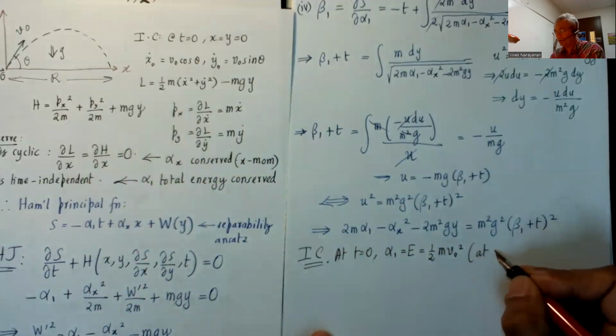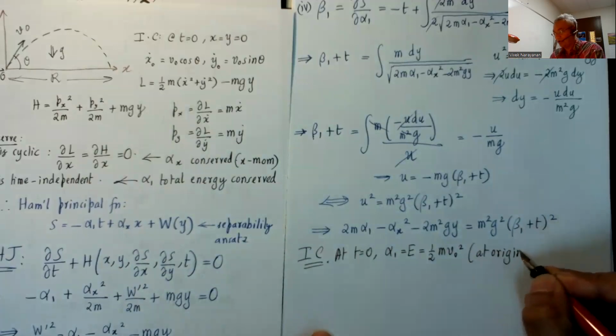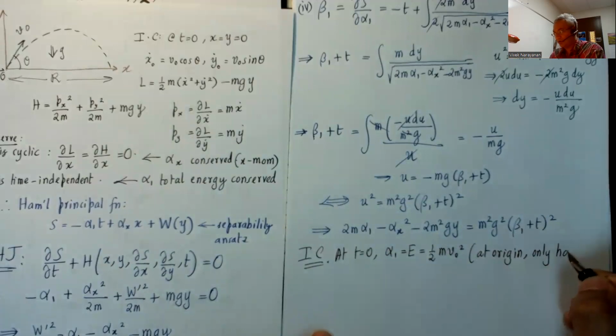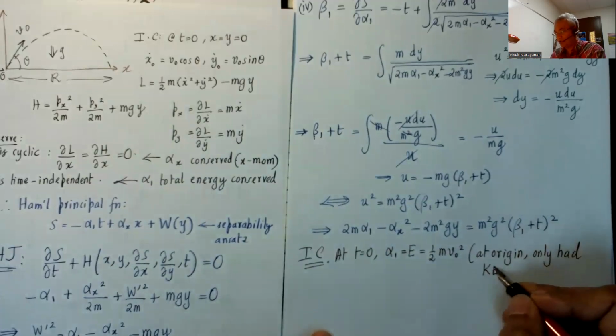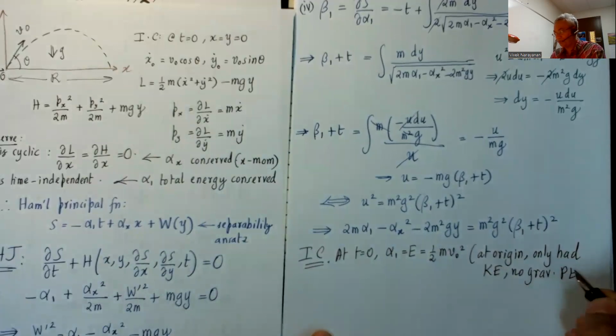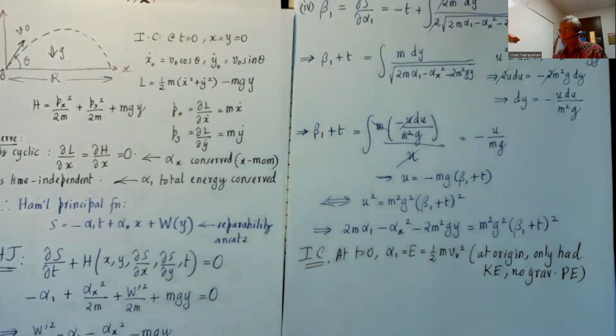So at the origin, you only had kinetic energy, no gravitational potential energy. So that allows us to substitute for alpha 1. Now, what about alpha x?